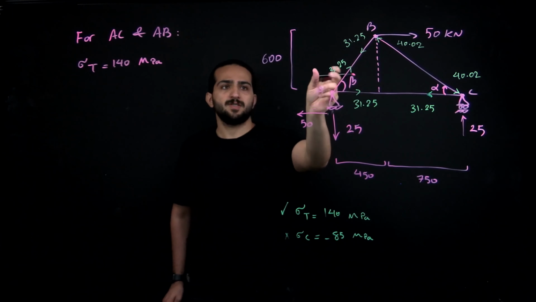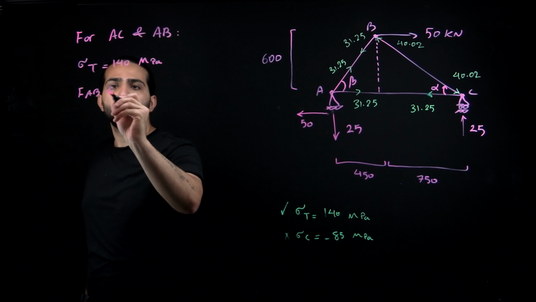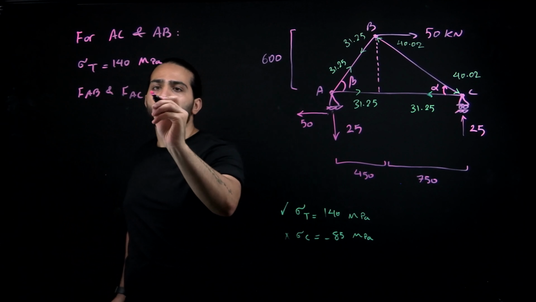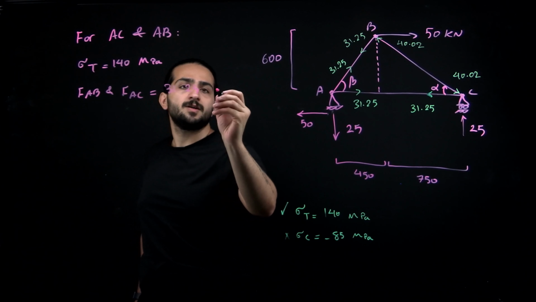The loads FAB and FAC are the same, both 31.25 kN.